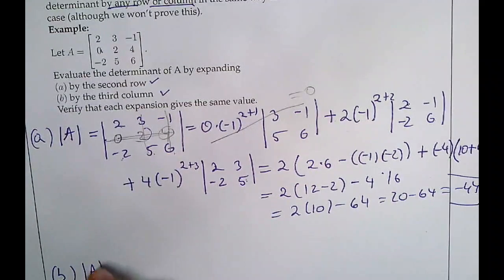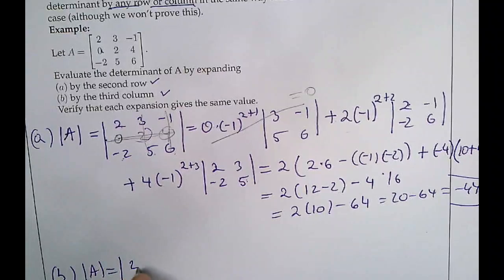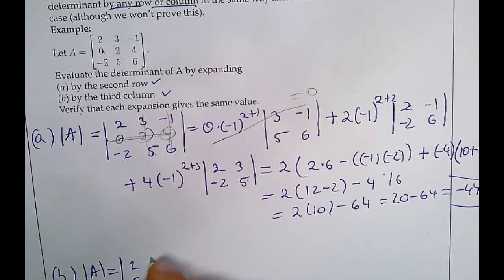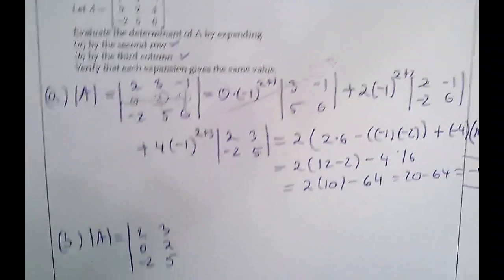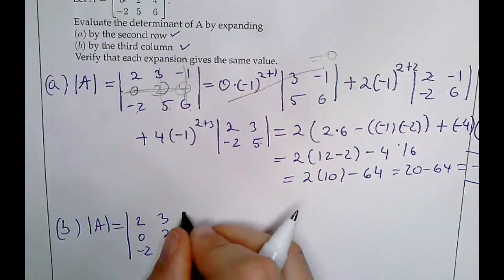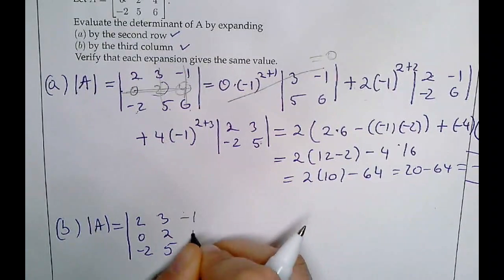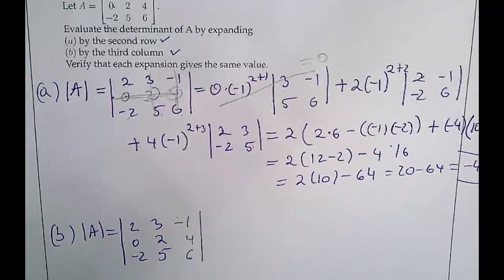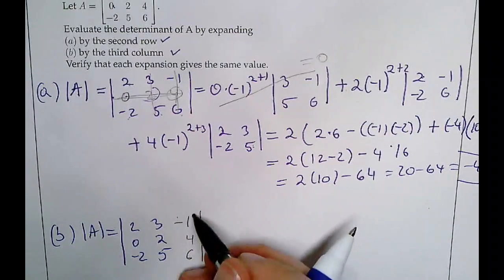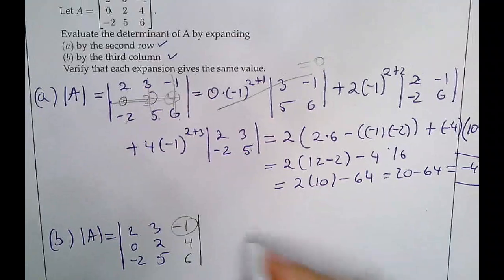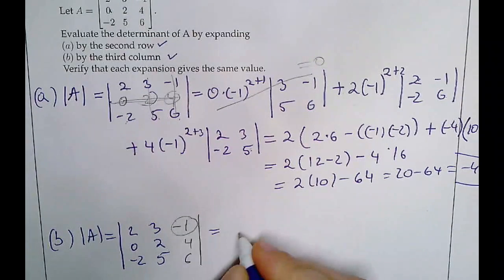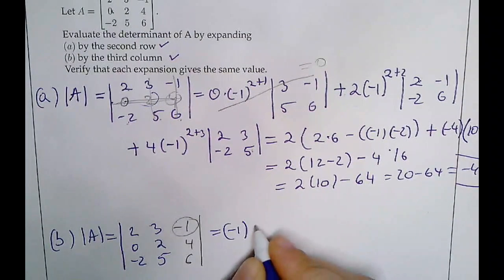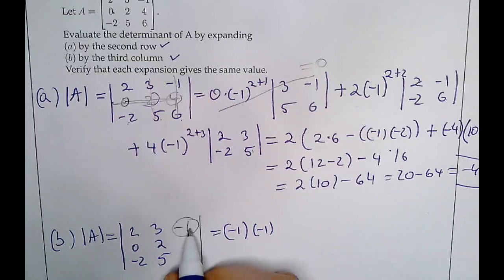So my determinant A, I'm going to expand 2, 0, negative 2, 3, 2, 5, and then I'm going to expand by the third column, which is negative 1, 4, and 6. Okay, so I'm expanding by the third column, so I'm going to use this element, negative 1, times negative 1 to the index that this has.